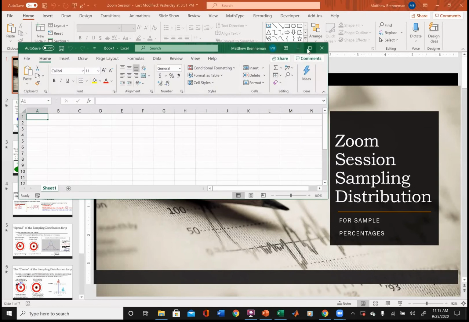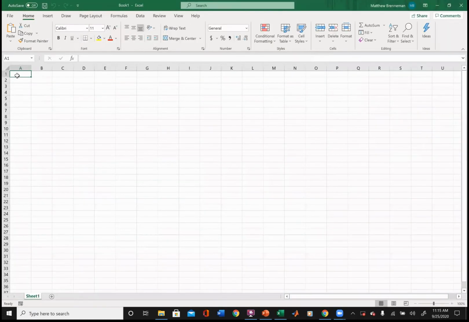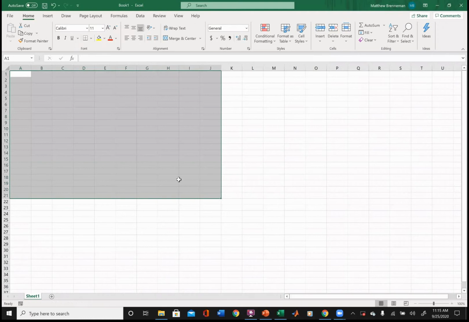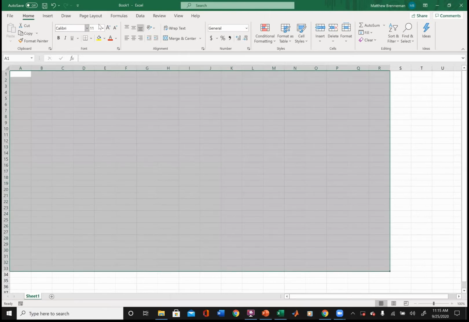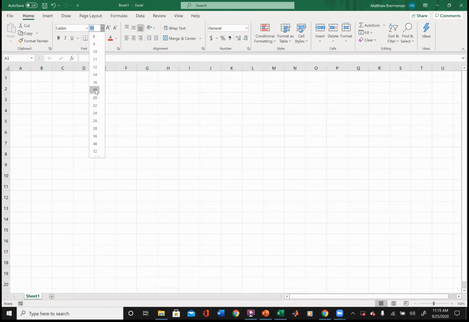The default font size for Excel is kind of small, so I'm just going to highlight a rather large area here, maybe a little bit bigger, actually, and increase the font size. 18 is good.